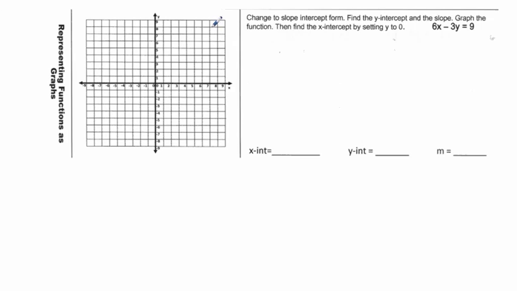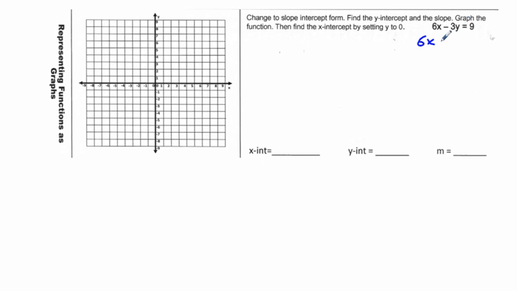Here we have an equation, and we're asked to find different things from the equation. It says find the y-intercept, find the slope, graph the function, then find the x-intercept by setting y equals 0. We can start right off here. We can find the x-intercept simply by setting y to 0 and ignoring the y term.